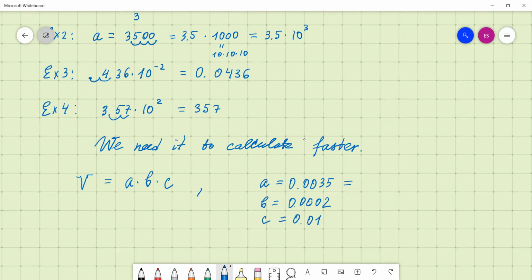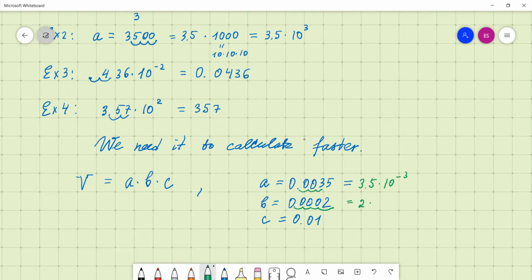You can represent each of these numbers in scientific notation. So let me use a different color. For example, for this number, we'll need to shift the decimal point 3 places, right? So it's 3.5 by 10 to the negative 3. Here, 1, 2, 3, 4, actually 4 places, right? Because 2 is a number between 1 and 10.